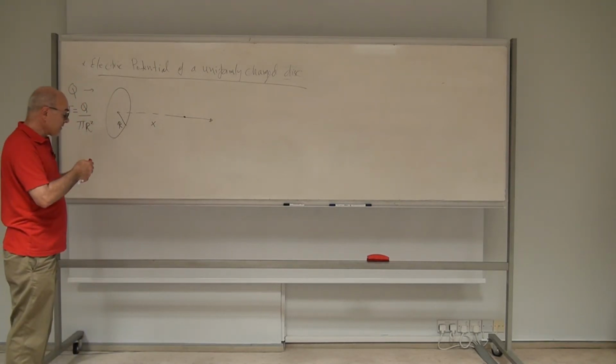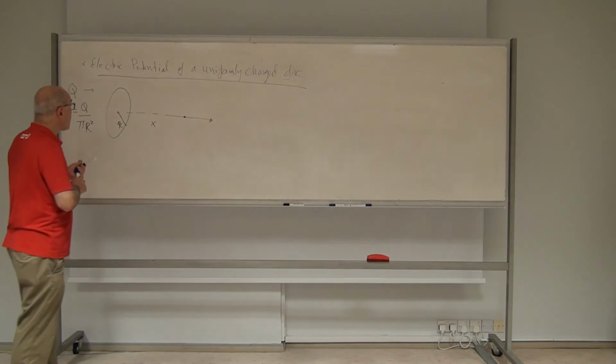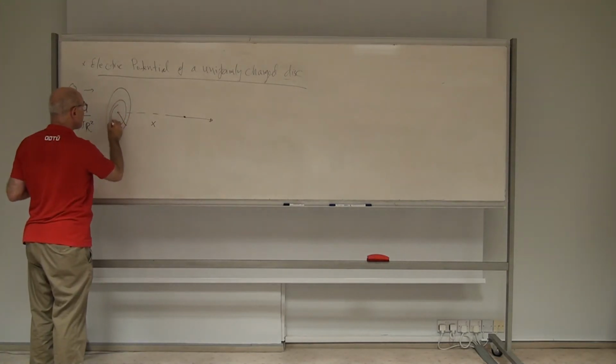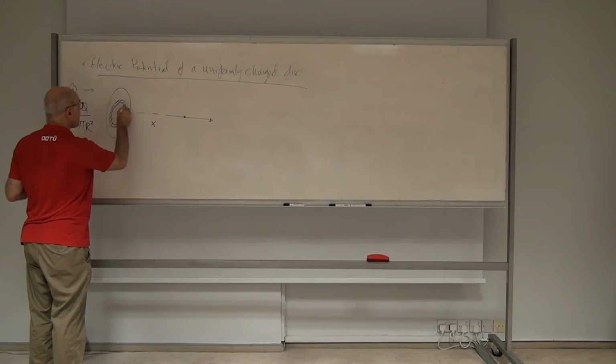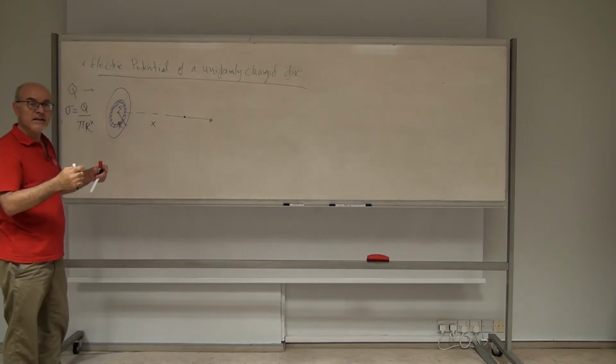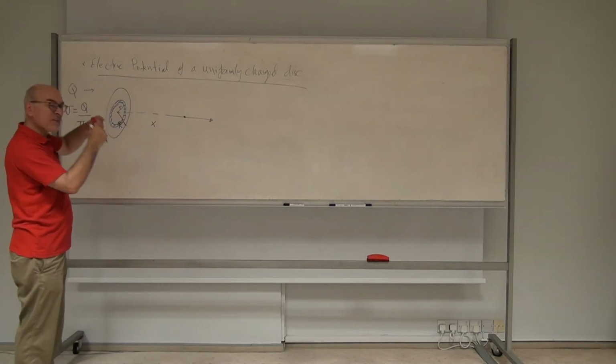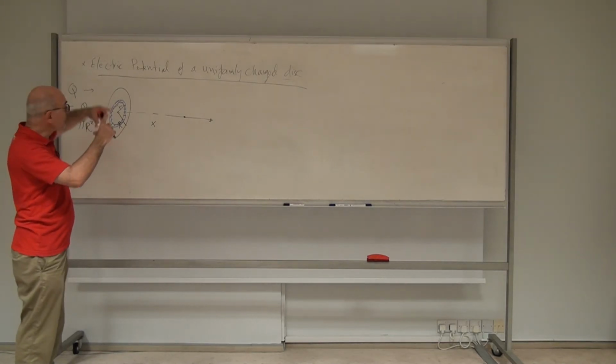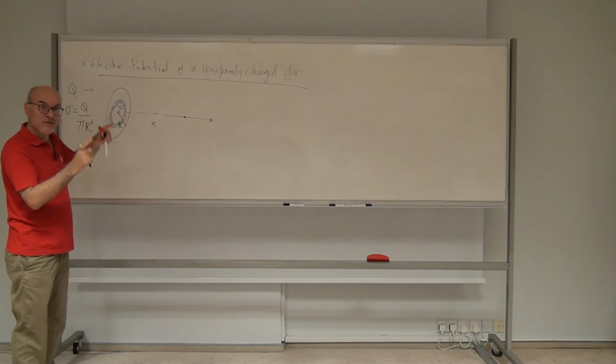We consider that this disk is composed of concentric rings of charge. So this is one of these rings. Think of rings with different radii that are covering the whole surface of the disk.